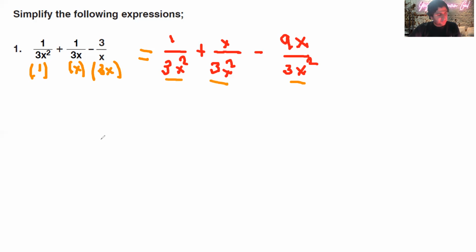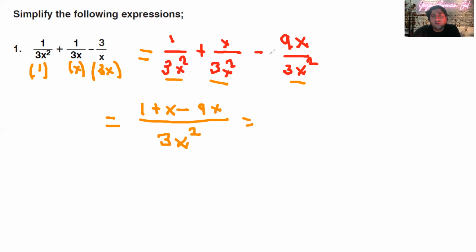Right, and then since I have the same denominators, I'm going to say 1 plus x, right? And then minus 9x. So, I'm just going to write it here. So 1, right, plus x minus 9x over, okay, 3x squared.